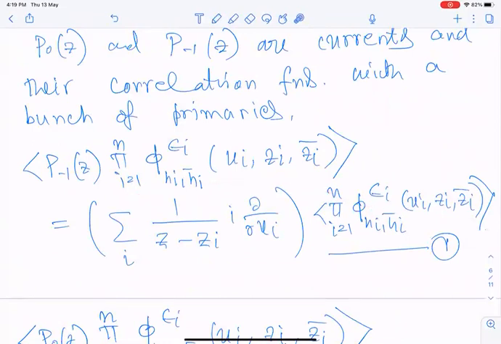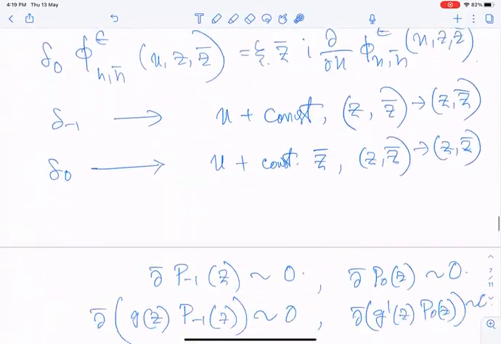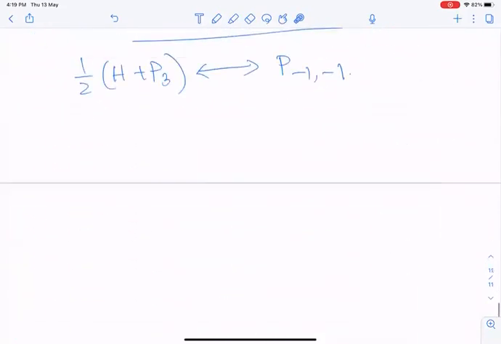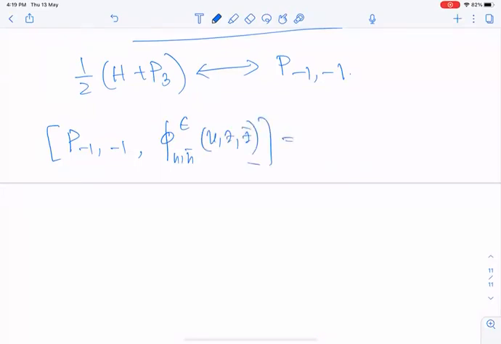Now if I can construct some kind of Hilbert space picture, just as we do in two-dimensional conformal field theory, then from there I can still write that P minus 1 acting on phi epsilon h bar u z bar is equal to i del u of phi epsilon h bar u z bar.